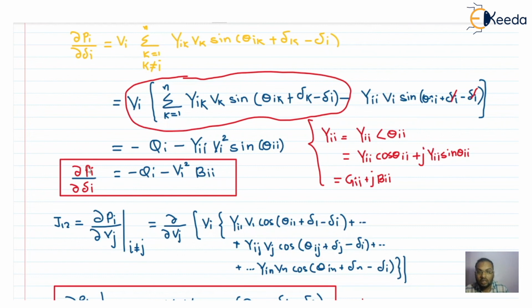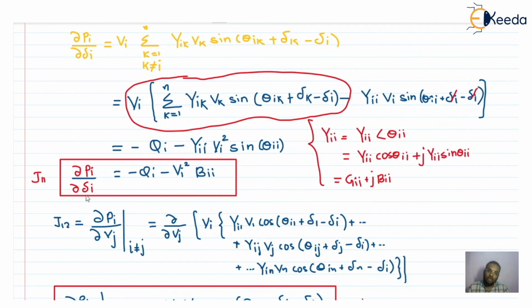This is how we get the diagonal term of J11. We have seen the off-diagonal element for J11, and now the diagonal term.